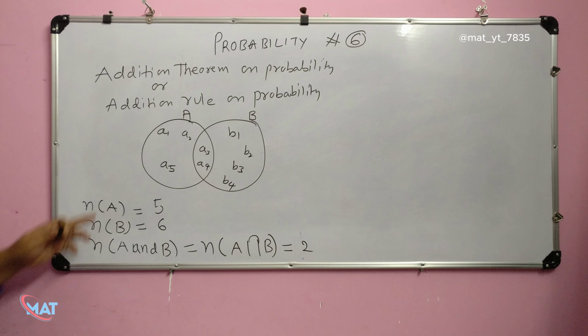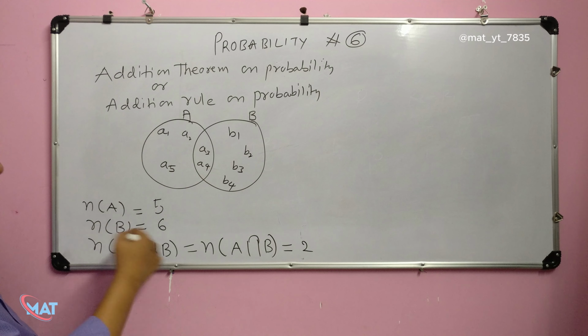So first you have to identify how many outcomes appear in each event.